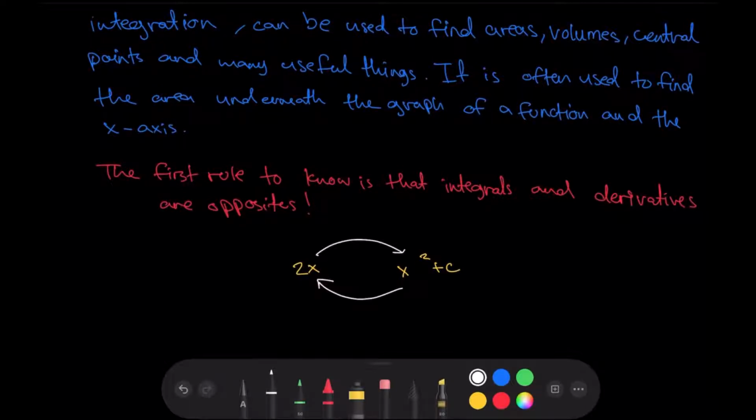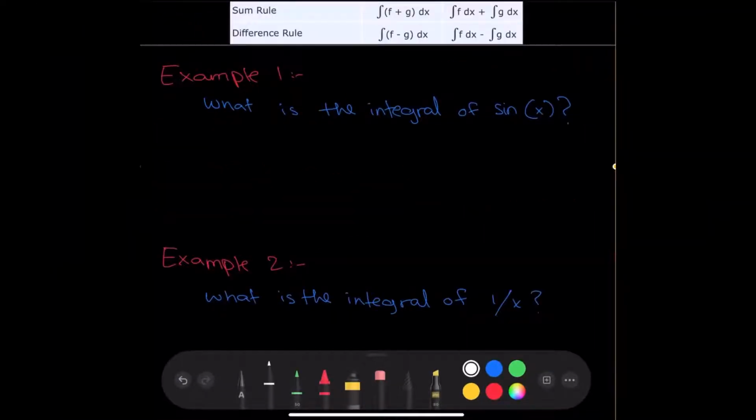Something else to know is that sometimes to find an integral, we can work it out because we know a matching derivative, a derivative that has something to do with the integral. That makes the process easier because we know that they're the opposites of each other. Okay, so let's solve some examples for integration rules.